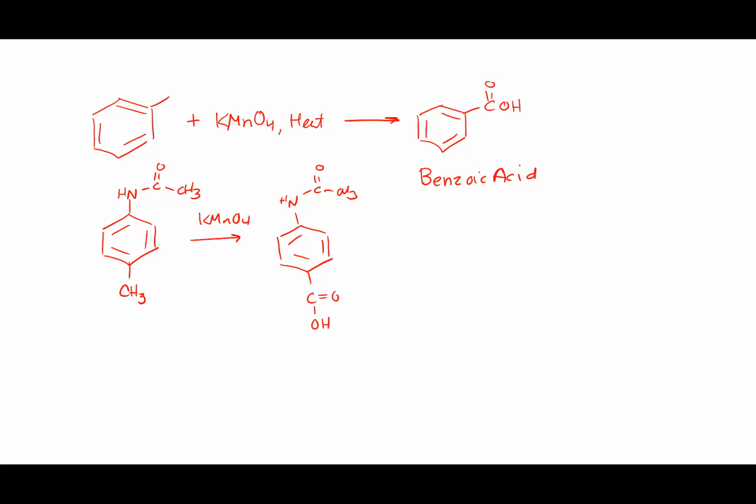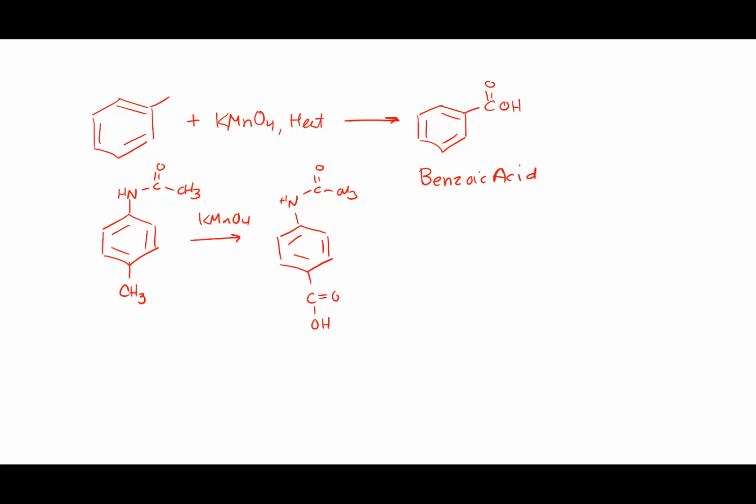Why did we turn the NH2 into an amide to begin with? Because KMnO4 might turn the NH2 into an NO2, and we'll talk about that reaction in the days to come. So we have to kind of protect that NH2 with something that won't react with KMnO4. So that's what you did this week, was you converted the CH3 to a carboxylic acid. That's what we're doing tomorrow.